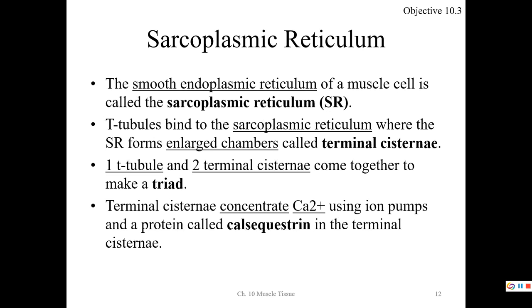The terminal cisternae are going to hold and concentrate calcium, as we're going to see. If we take one T-tubule, one transverse tubule, and two terminal cisternae, we have what is called a triad. 1 plus 2 equals 3, triad.